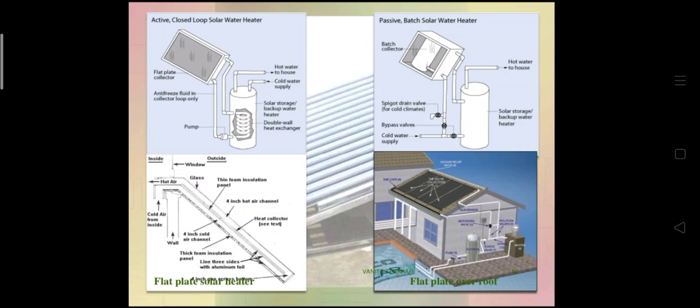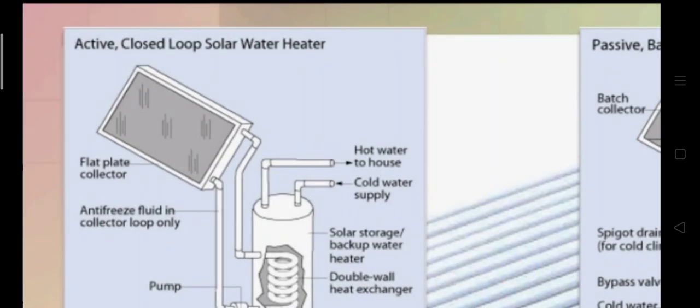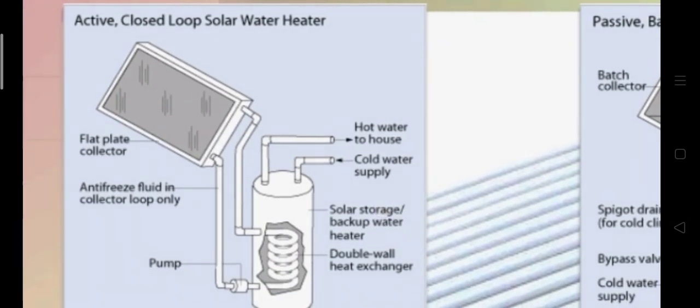And here are some of the water heating collectors. In the first diagram, a closed loop solar water heater, a flat plate collector is connected, with anti-freeze fluid in the collector loop only, and a simple pump is connected at the bottom of this device.